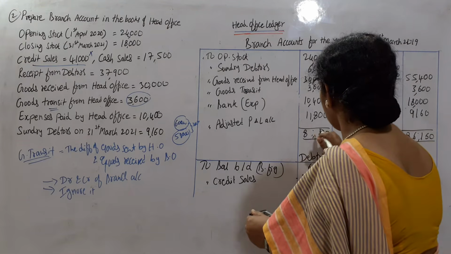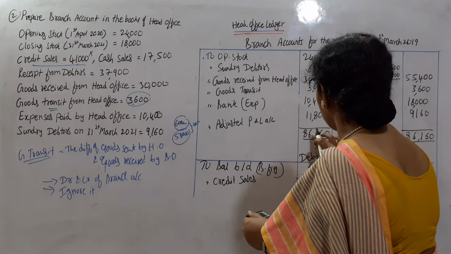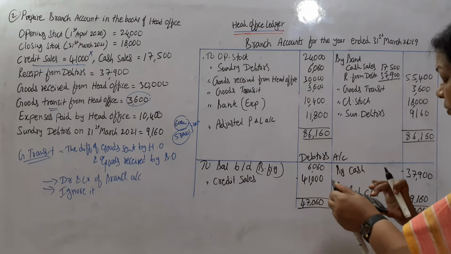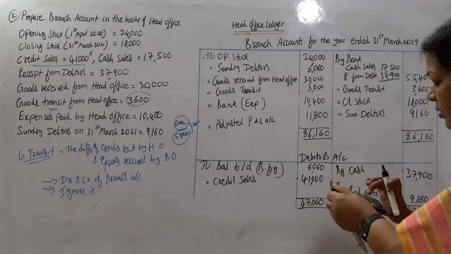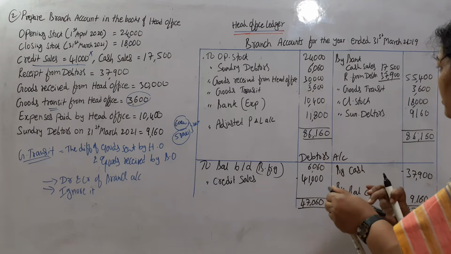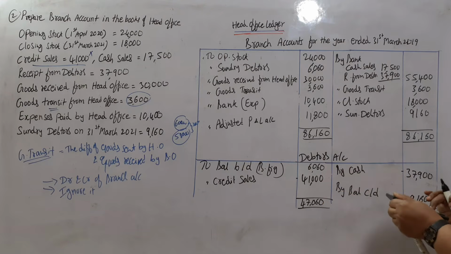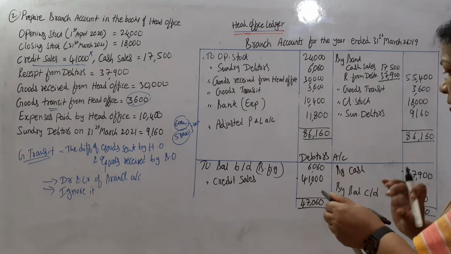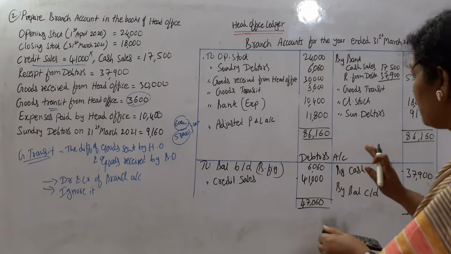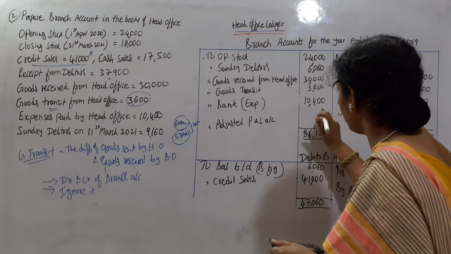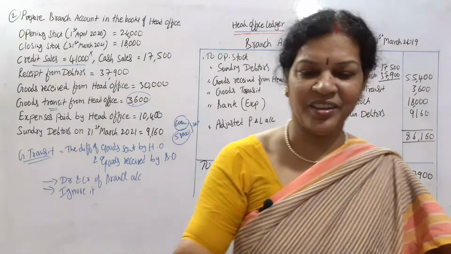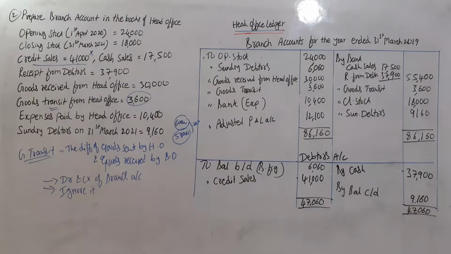If we deduct it, 86,160 minus 24,000 minus 60 and 10,400, you are getting 12,100. Only one amount I took wrong by mistake. So everything is correct. Take a screenshot or note it down.